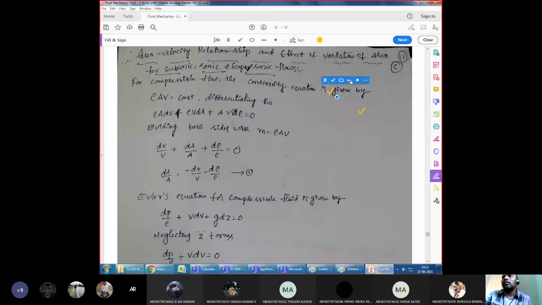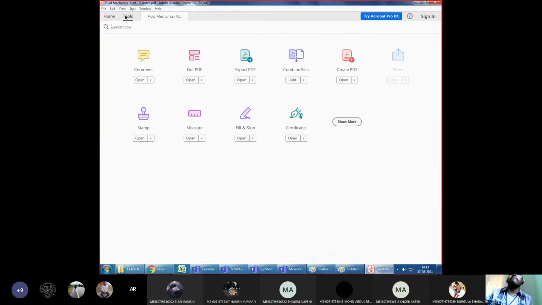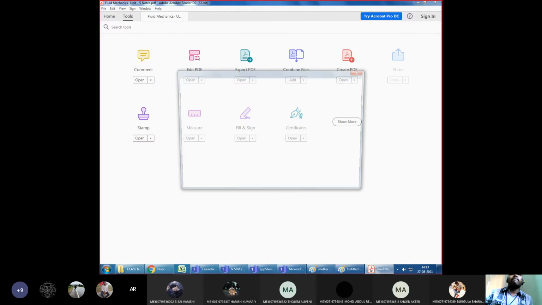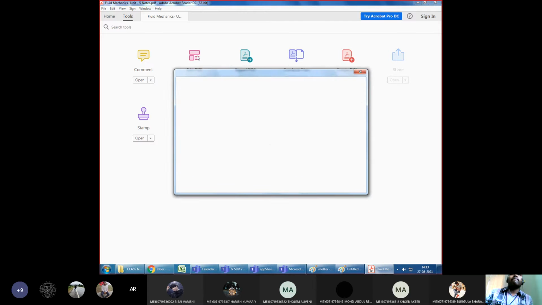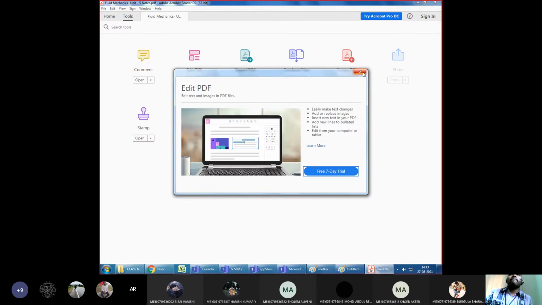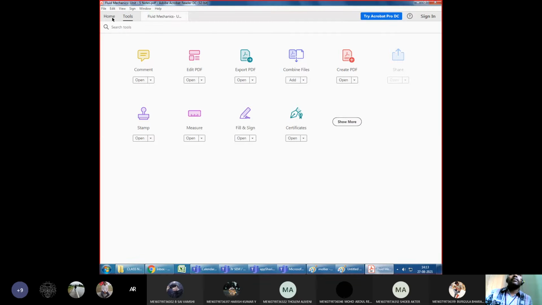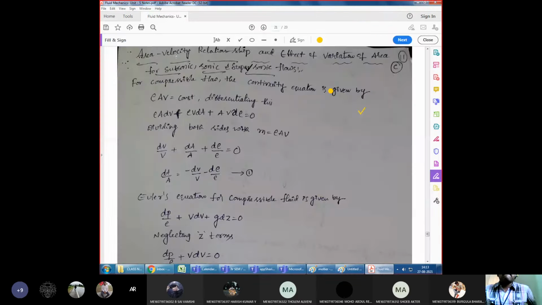This is redact, then fill and sign. Okay, nice. Let me do one thing. Okay, I will explain over here only.